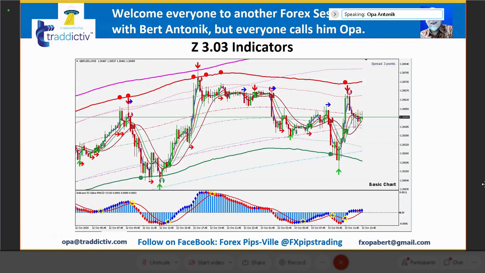A lot of people have asked, can I use the indicators on other time frames? Yes, you can, but you're going to get a lot more signals, and not all of those signals are going to be good signals. So you have to know how to distinguish between the good signals and the bad signals, or not bad signals, just the ones that are not going to pay off as well.